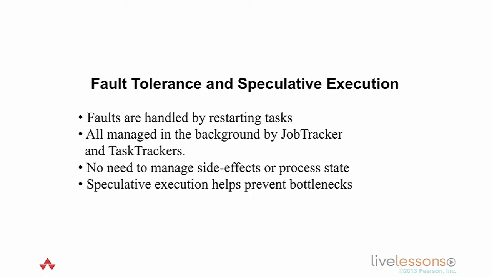Now, why would I want to do this? Well, perhaps one of the nodes that's running the map process decides to break or has a bad hard drive controller or some other issue that's slowing it down. So basically, the first node that gets done with the process contacts the job tracker and says, I'm done. Well, then the job tracker sends a signal to the other task tracker that's doing the same job and says, hey, buddy, you're done, you can stop working. Someone else finished before you.